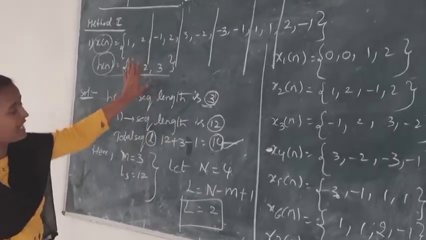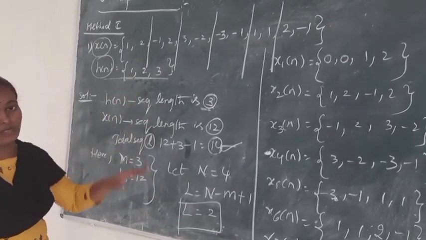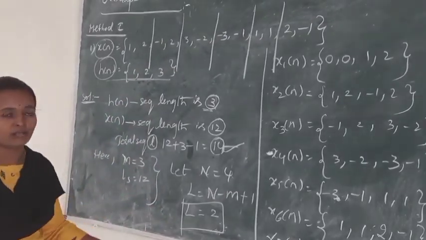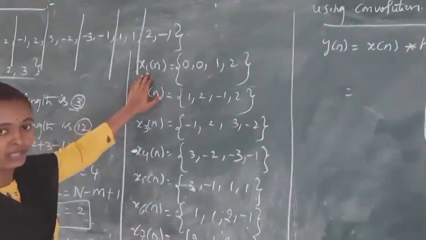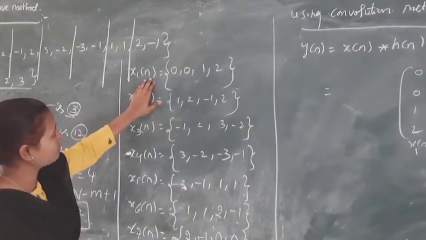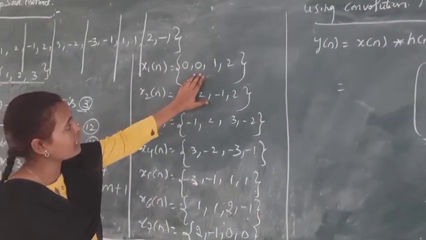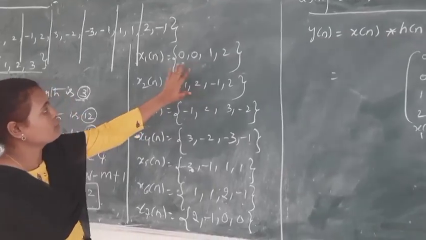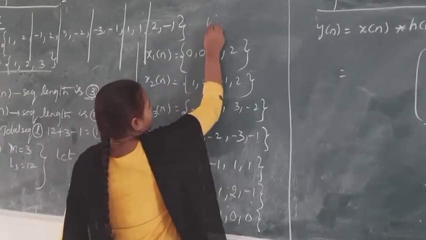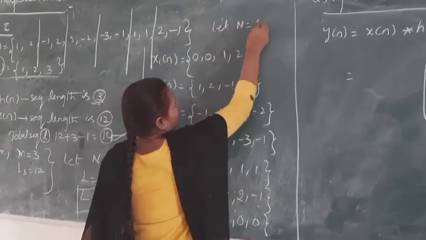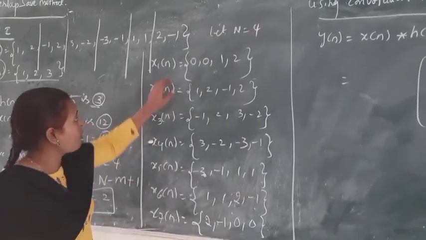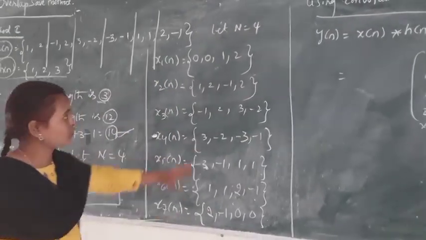Now how do we calculate it? Inputs x1 of n, x2 of n, and so on. Let us observe x1 of n. How do we achieve this value? Assume n is equal to 4, so all input sequence lengths should be 4.